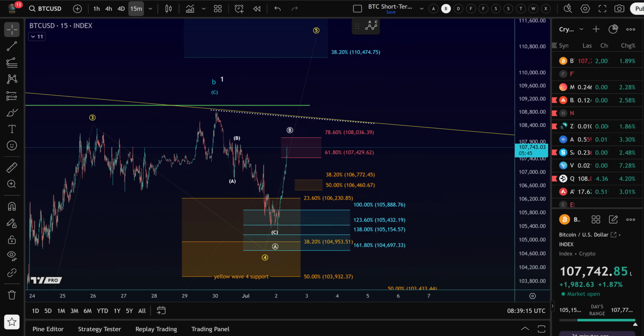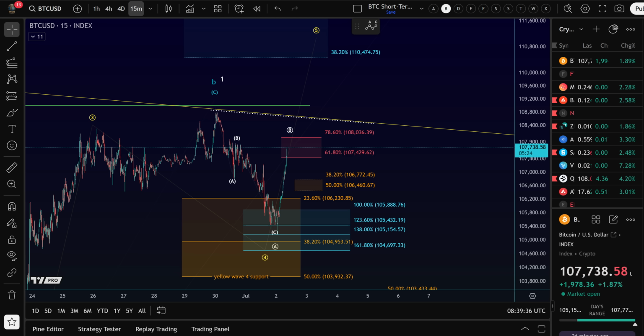Well, what we can say here is that the market has reached a key resistance area. So we're dealing here with resistance in the region between $107,430 and $108,036.